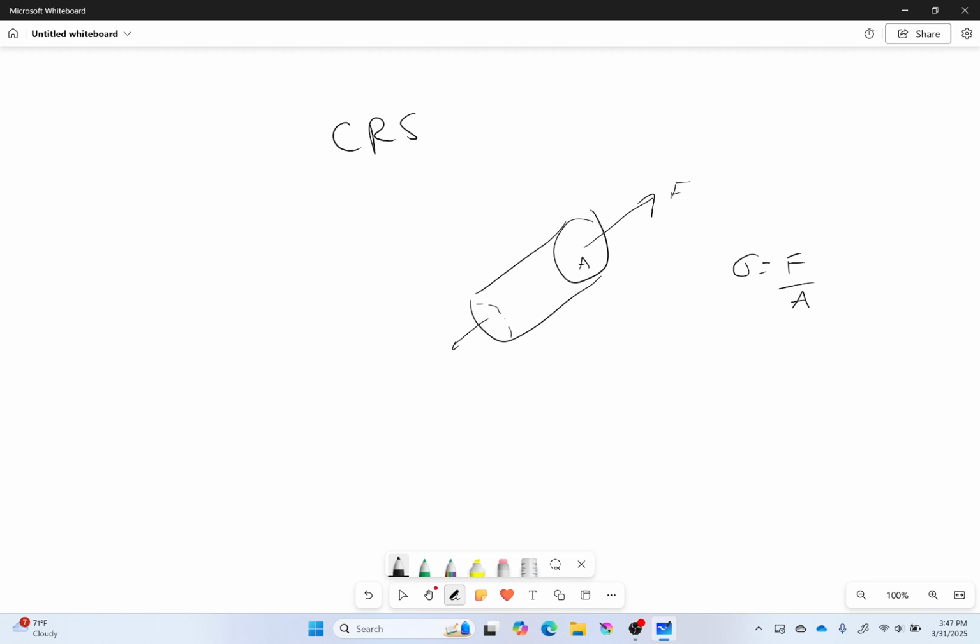Now, what is different for us is that we have to remember that this metal bar is actually made up of metal crystals. And those crystals, when they deform, are going to deform most readily along particular planes and in particular directions. So, for example, let's say that this is made up of a whole bunch of atoms, which it is. I'm going to draw the most closely packed plane, so it's actually at an angle here.